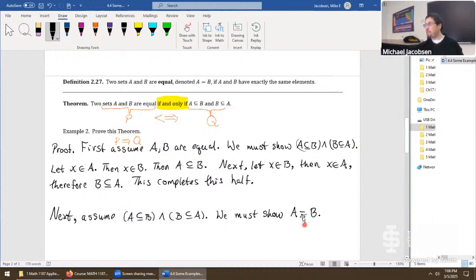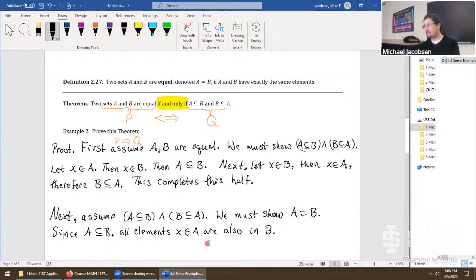If we want to show A is equal to B, that means we're just showing A and B have exactly the same elements. Let's start by going through this assumption right here. When we made that assumption, we can now say, since A is a subset of B, all elements X in A are also in B. And really all I did here is say exactly what it means to be a subset.